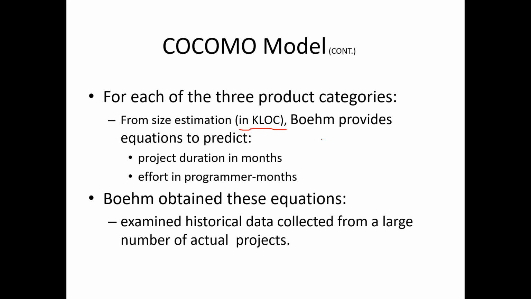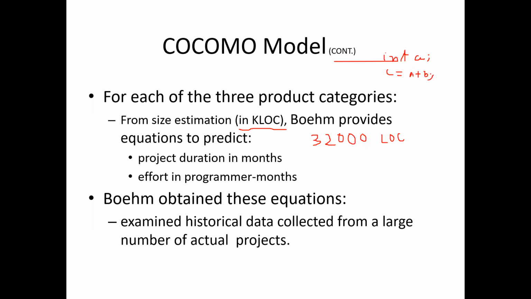Now let's take an example. You have written 32,000 lines of code. This is 32,000 LOC. What does LOC stand for? Line of code. That means if you have written int C, int A, this is one line of code. If you have written C equals A plus B, this is one line of code.